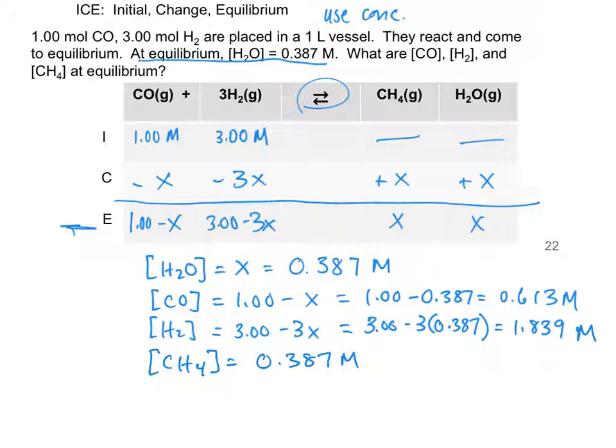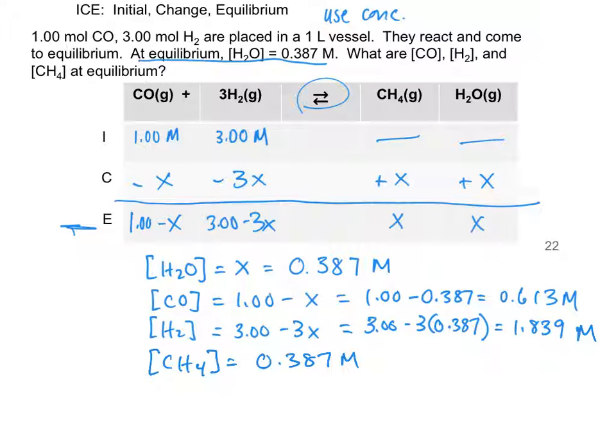Questions? Yes? How would we do it if we weren't given the concentration of water? If you weren't given the concentration of water, you would have to know the value of K in order to solve for these things. Sometimes these problems can get a little ugly with your exponents, so in some cases you have to use the quadratic formula to solve it.